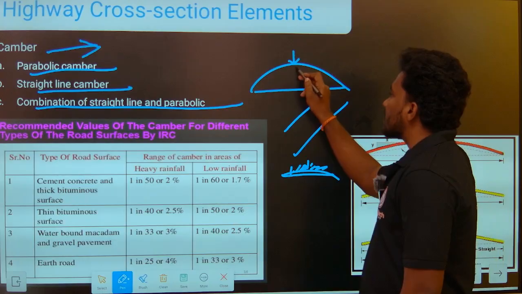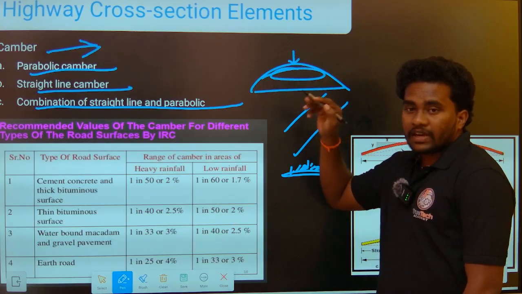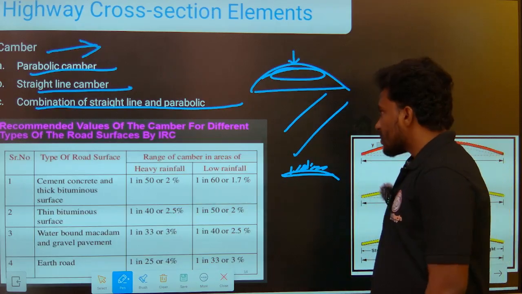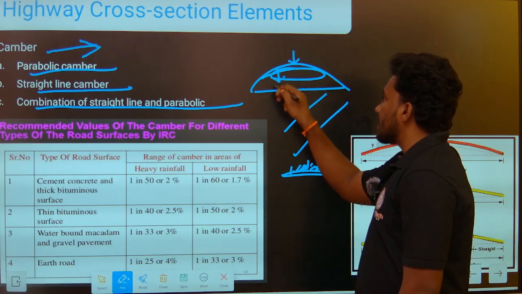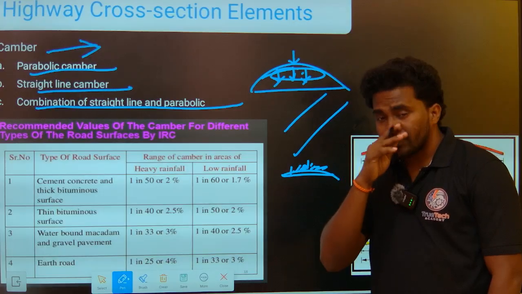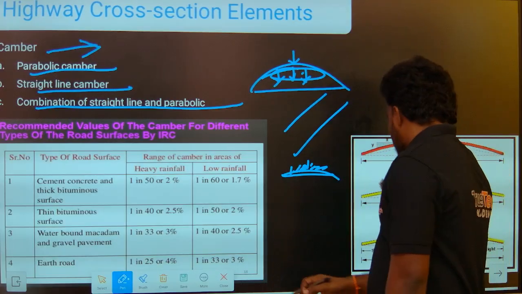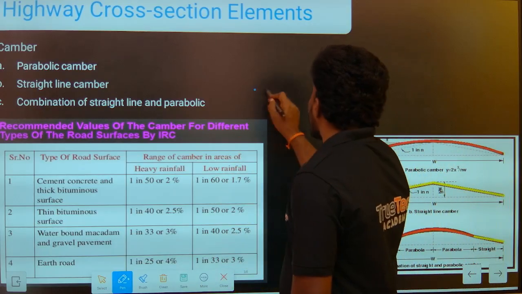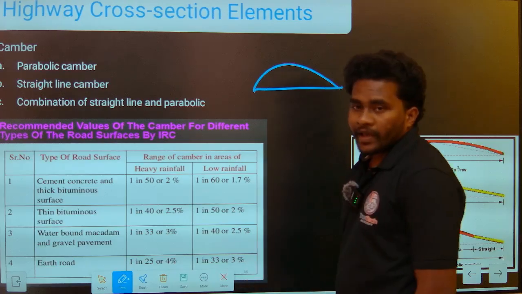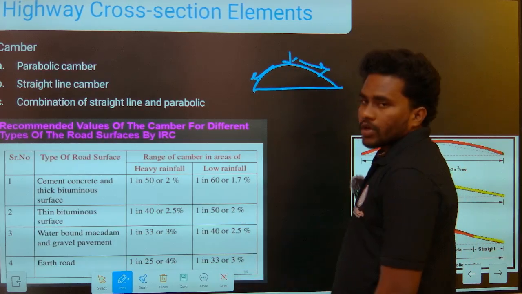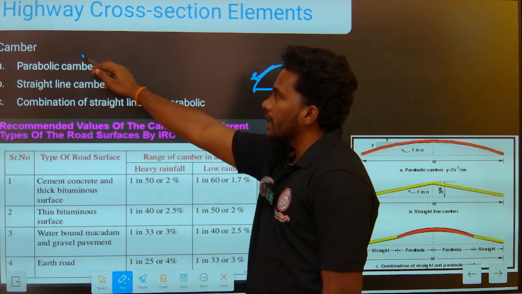It will affect the pavement design and the pavement materials, and it will permeate to the deeper layers of the pavement, so the pavement will be weaker. So to drain off this rainwater very easily, we have to construct a camber.